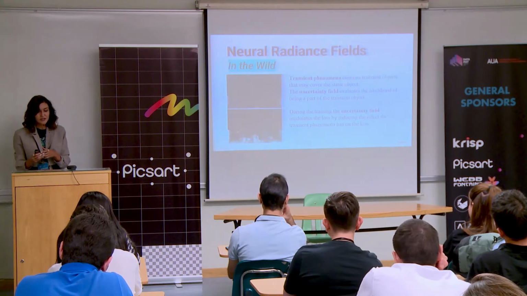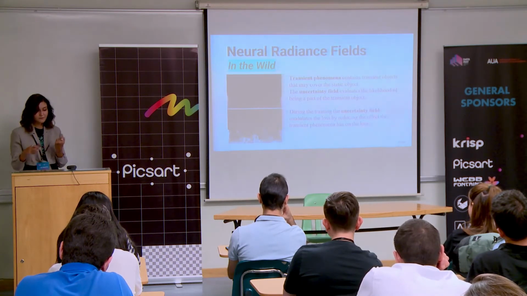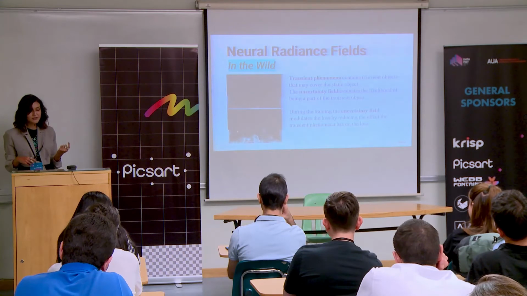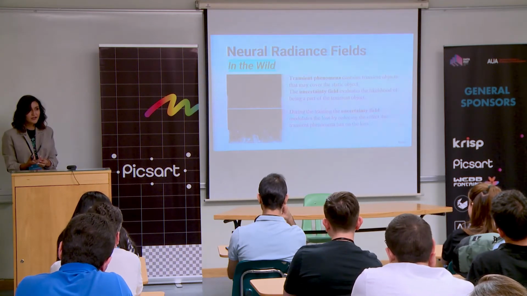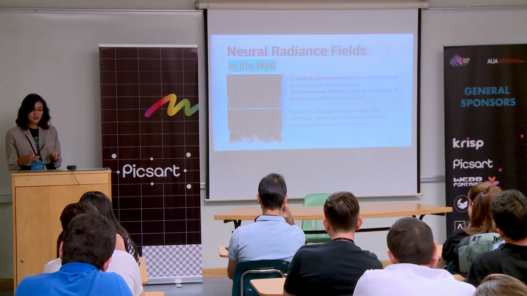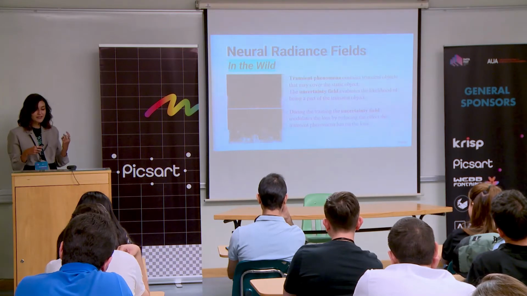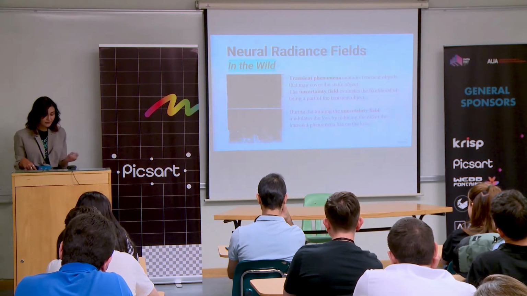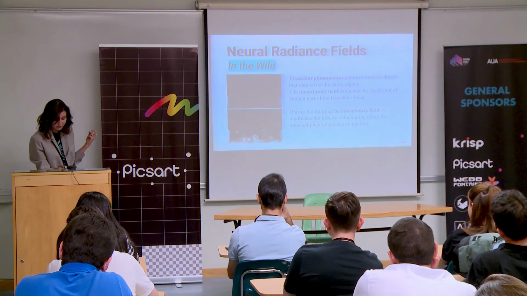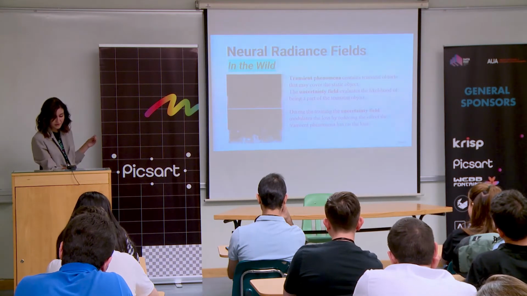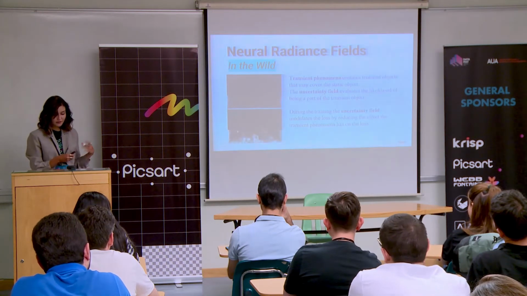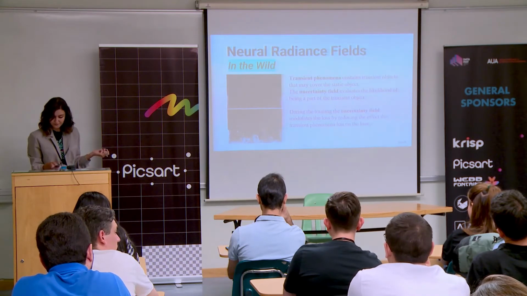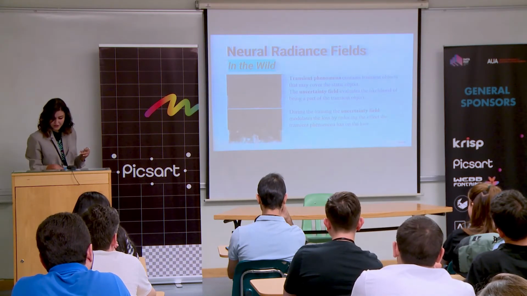So the uncertainty field is incorporated into its loss function as a form of segmentation loss, and it ends up neglecting all the transient objects, and so we can reconstruct the static scene. And here you can see the picture below. It's the transient scene, and the picture above is the color corresponding representation, the radiance field representation.